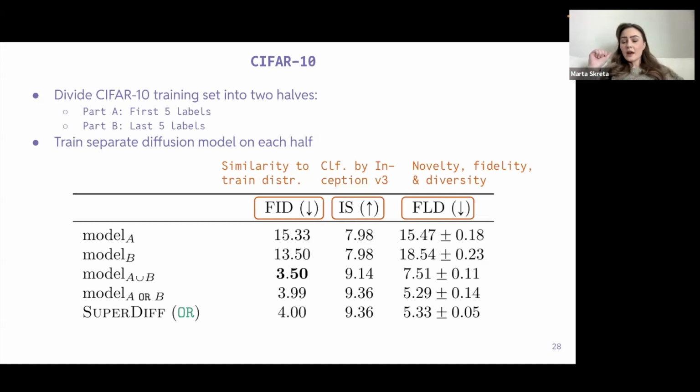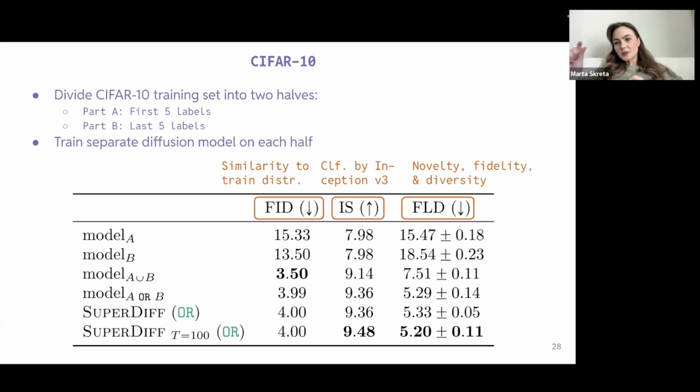So this is showing that the way that we weight the vector fields is how we would expect the behavior if we were to treat them separately. Something else that we can do is introduce a bias term in the sampling, where if we know that one model is better than the other, we can choose to sample from that model more.